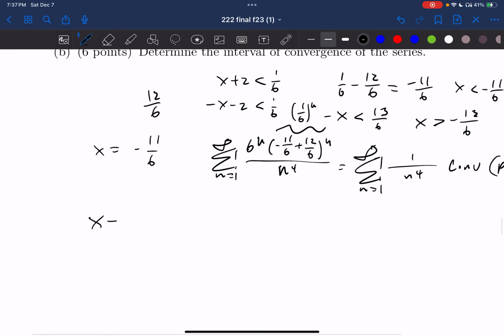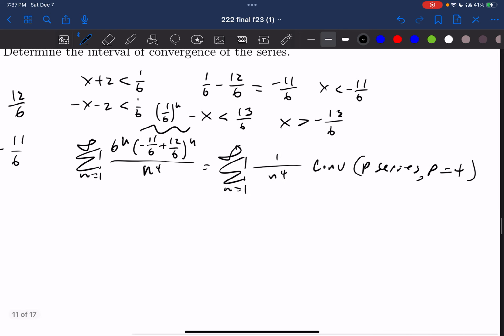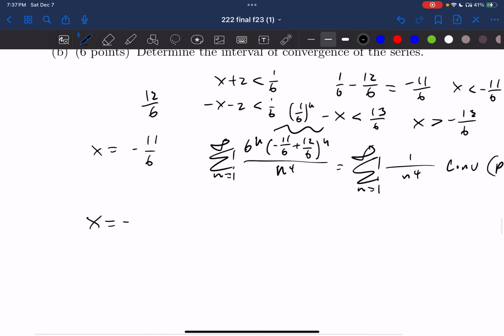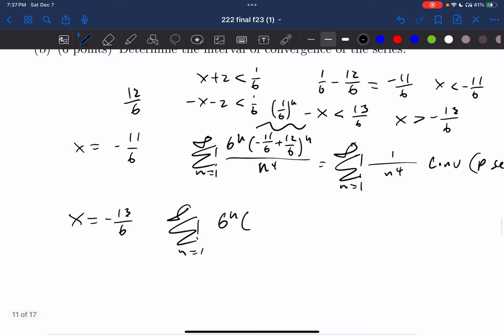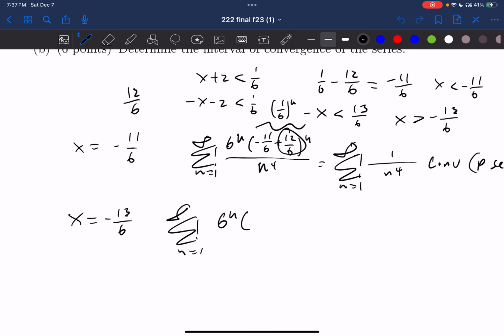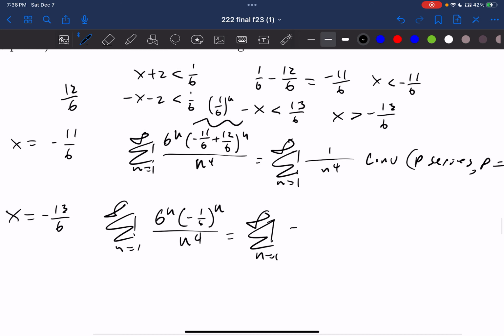Okay, so when x is equal to negative 13 over 6, with n equals 1, if you add this to this, you're going to get negative 1 over 6 to the n power divided by n to the fourth power. This can be equal to the sum from n equals 1 of negative 1 to the n power divided by n to the fourth power.